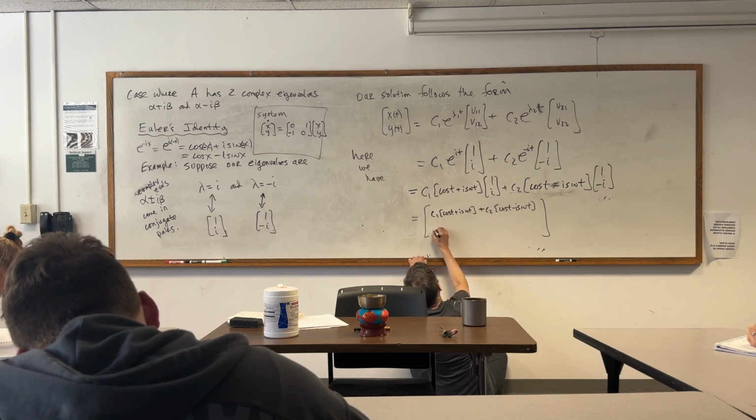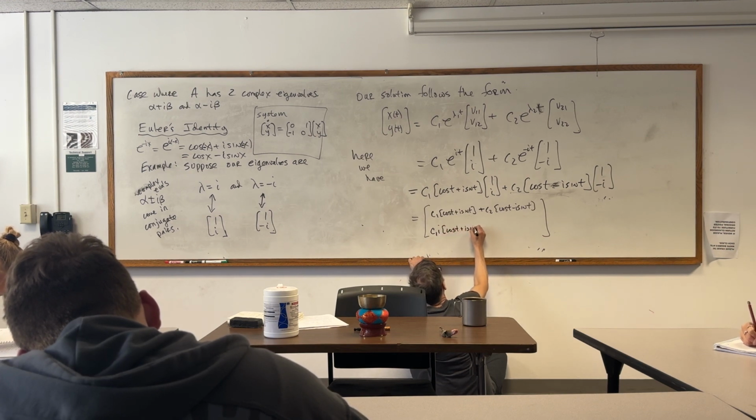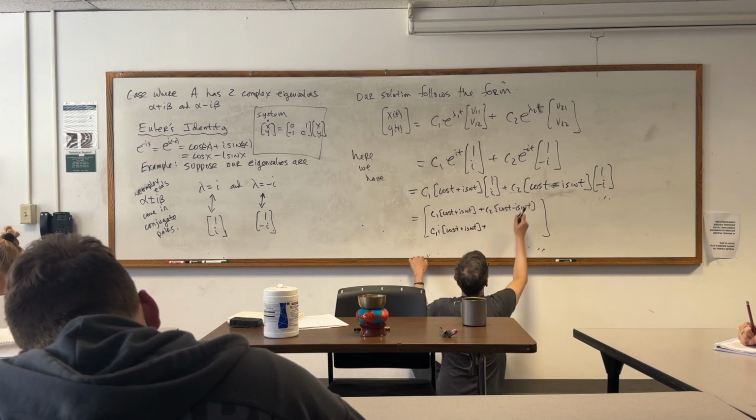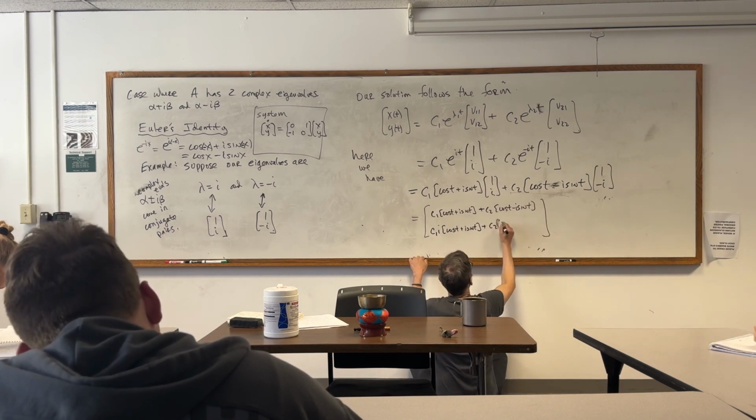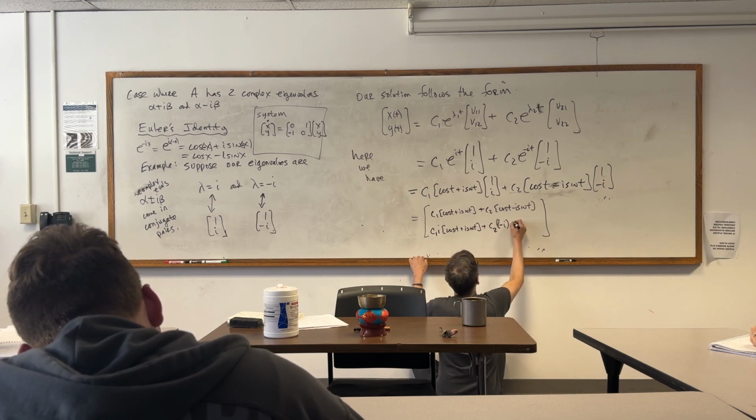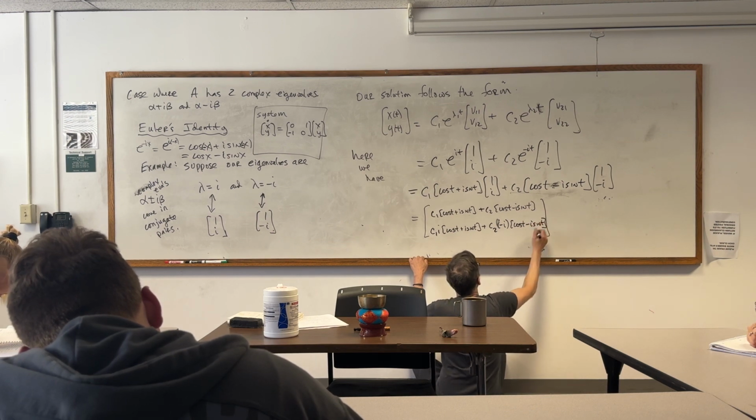So down at the bottom, I've got C1 i (cos t plus i sine t) plus C2 times negative i, because there's a negative i down there, then (cos t minus i sine t).